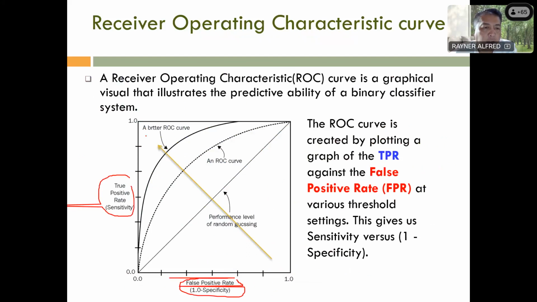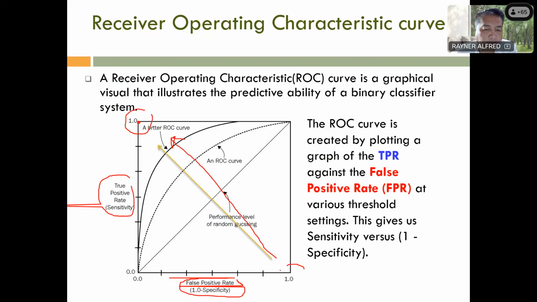If your true positive rate is here, that means your true positive is bigger. So you want to move the curve in this direction, because when you are at this position, you have 100% true positives correctly classified.